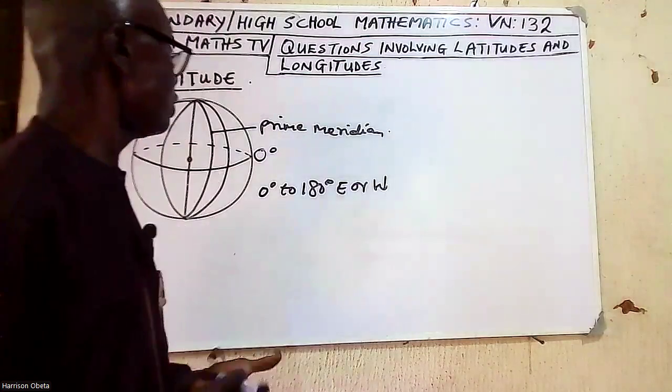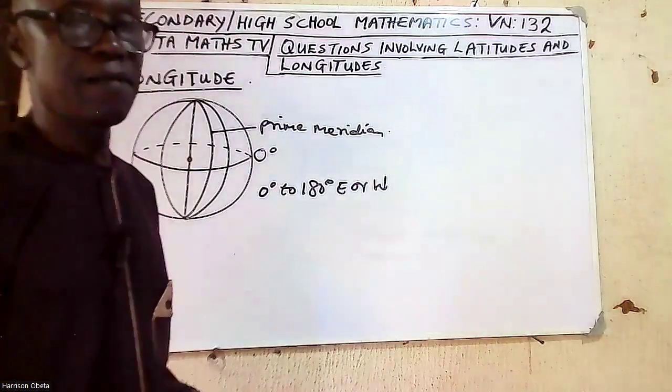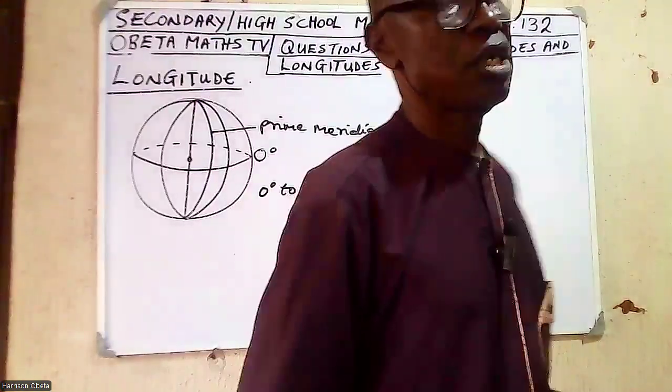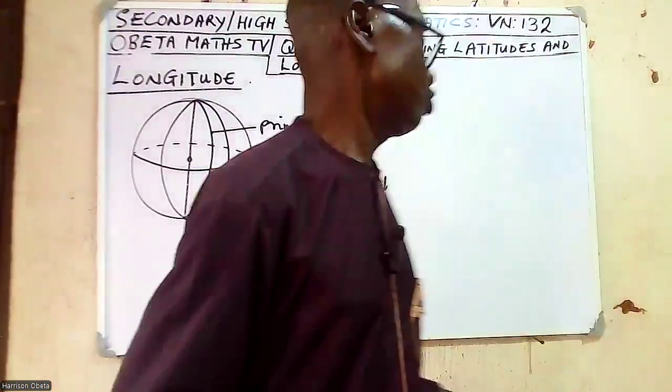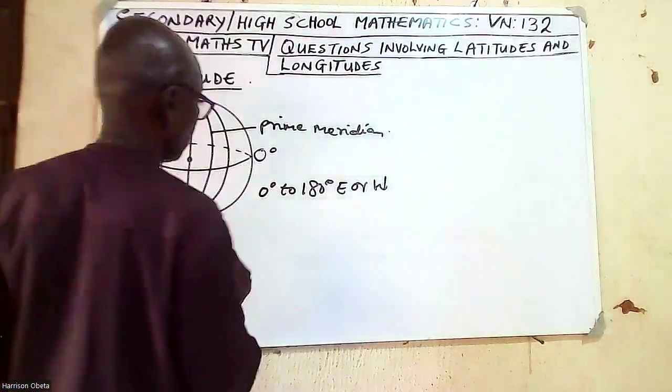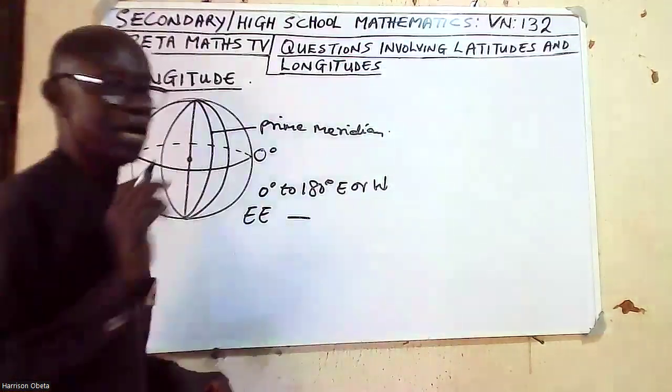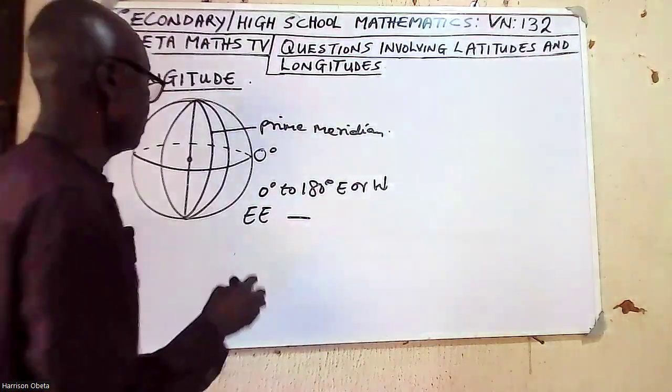So again, using the formula I used when I was talking of latitude, if you have positions along longitude, maybe two positions east-east, you will use minus to find the angular difference.